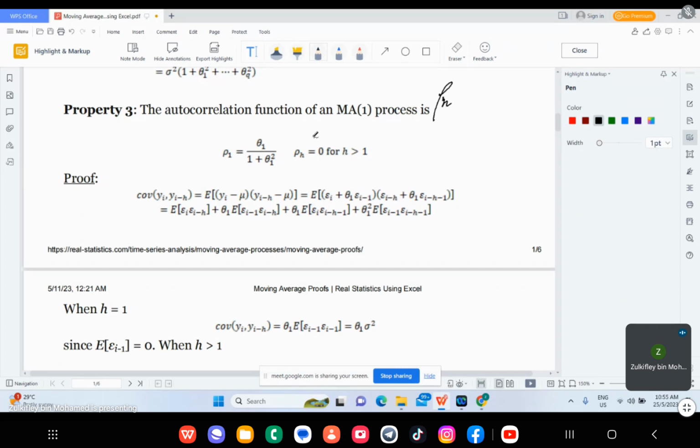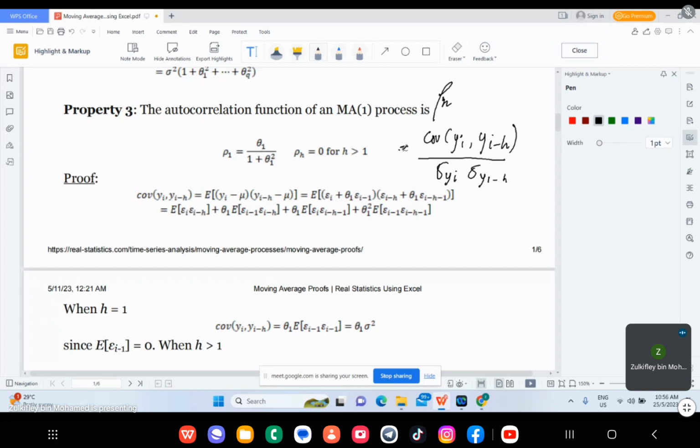So rho h is the covariance of Yi and Yi minus h over the standard deviation of Yi and the standard deviation of Yi minus h.